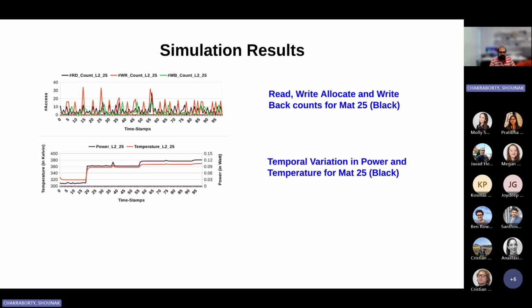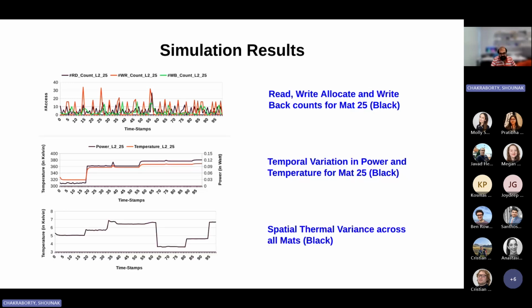So this is the simulation result for Black-Scholes taken from the PARSEC benchmark suite, with read, write, allocate, and write-back counts for the cache over 100 timestamps during an execution. One timestamp here represents 1 million clock cycles at a frequency of 3 gigahertz. And then we have how temperature changes over time. So you have different power profiles and temperature profiles here on the second graph.